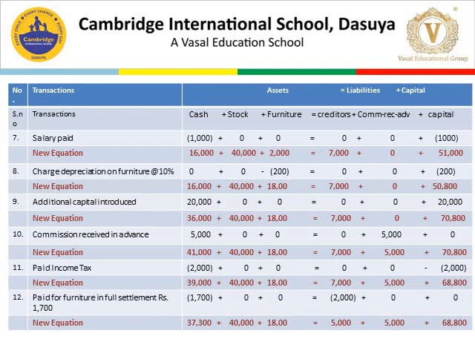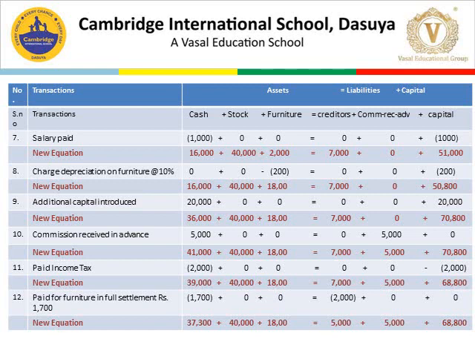Now transaction number 9, additional capital introduced, rupees 20,000. Here, additional capital of 20,000 brought in cash by the owner. So cash is added, there is increase in cash 20,000, so 16,000 plus 20,000 is 36,000.